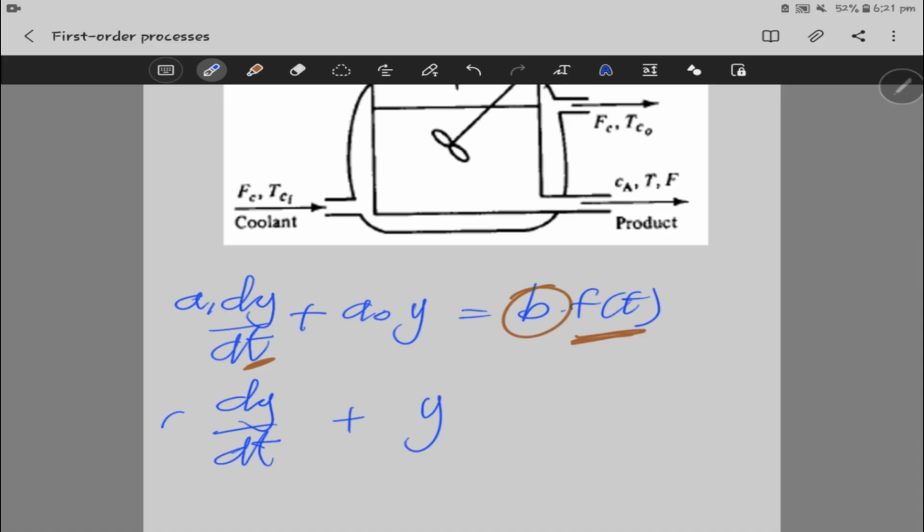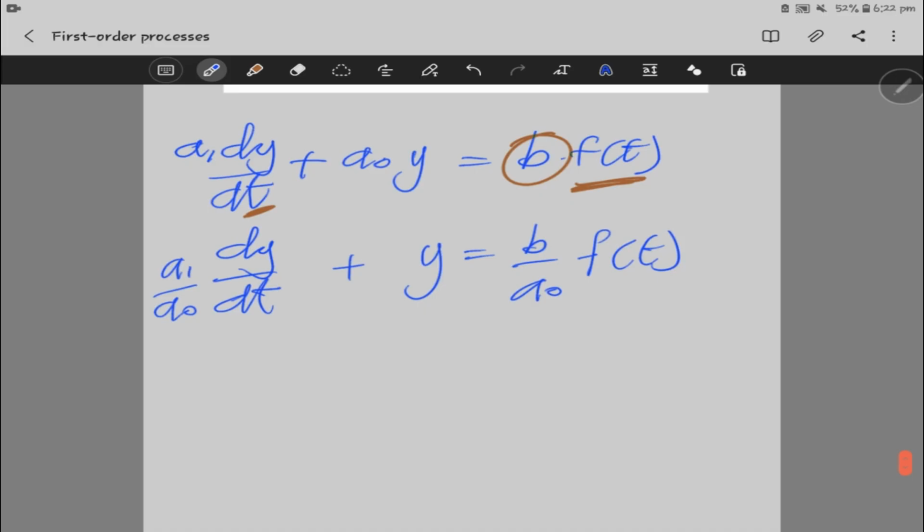So we have a1 here, a0 here, and then b over a0, and then we have the forcing function. When we have it this way, we can clearly see the output and the input.